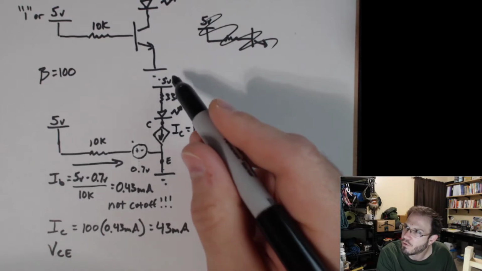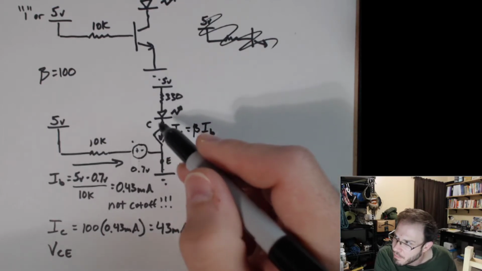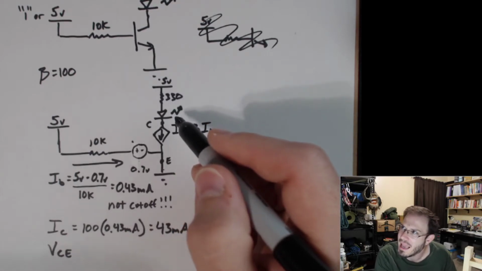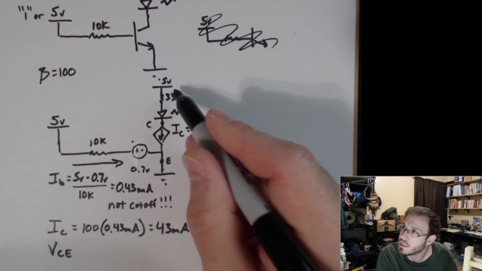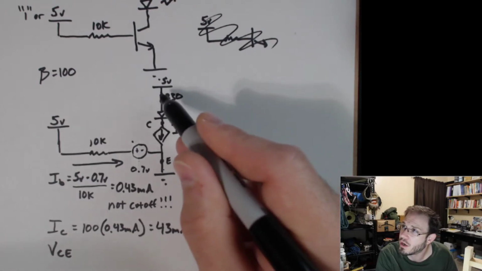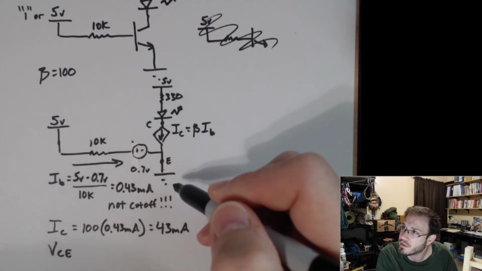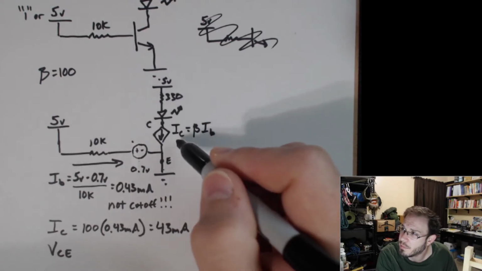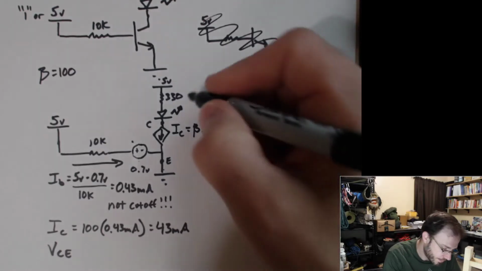We'll take the voltage drop across this LED to be 0.7 volts, and we'll use Ohm's law to figure out the voltage drop across the 330 ohms. The only current flowing through this series circuit is the current that's been dictated or controlled by the transistor.